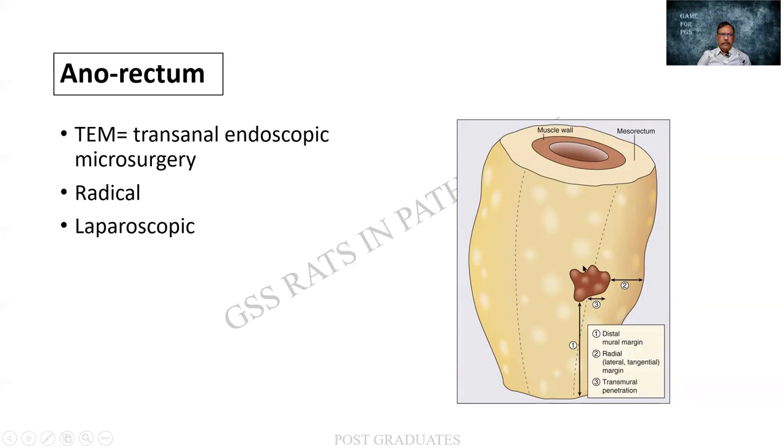And there is another margin also that has to be taken into consideration. And these are all the types of surgeries. It can be an open surgery, or an endoscopic surgery, or a radical or a laparoscopic surgery. These types of surgeries you should have in mind.